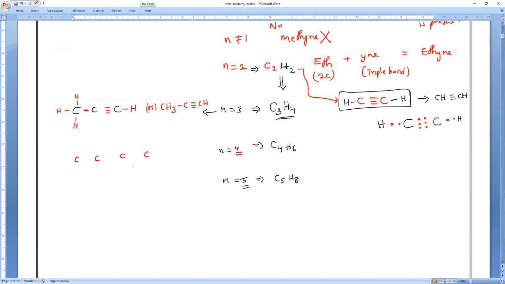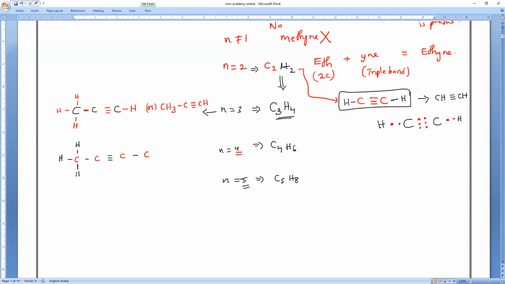So 4 carbons. And remember, between the second carbon and third carbon the triple bond will come. So here is the triple bond. Now you can speak and you can see. Here single bond, here also single bond. If you notice, the first carbon already has 1 bond, so how many hydrogens will come? Everybody? Yes, please. How many hydrogens will come, guys?